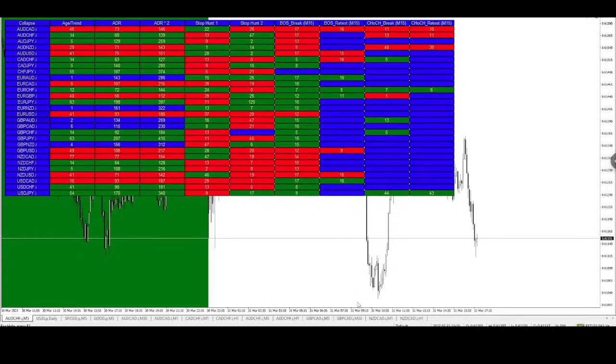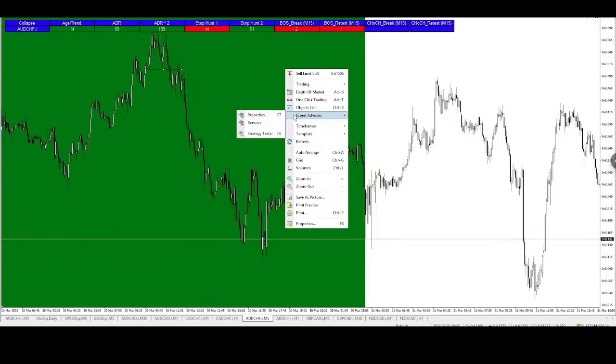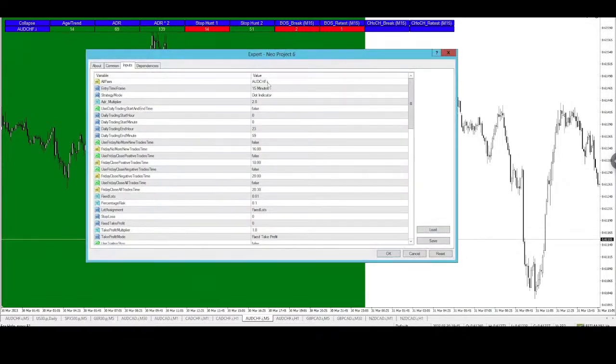Which pair can I take off? GBP CAD, we're waiting on AUD CHF. Yeah, I'll do this. Euro USD.